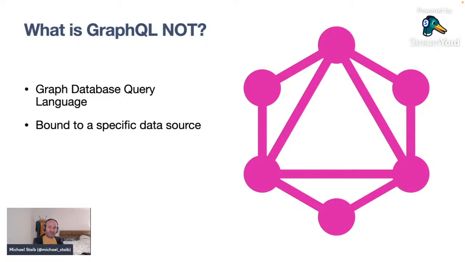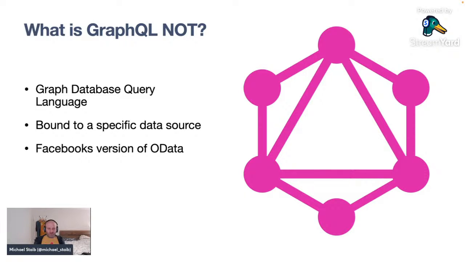So just in my last diagram, we saw that you can put GraphQL over your REST services, you can put GraphQL over your gRPC services, or you can even put GraphQL on top of your business logic. So it's not bound to a data source. And actually, as I said in the beginning, GraphQL is a query language for your API. It's not a GraphQL language for your database.